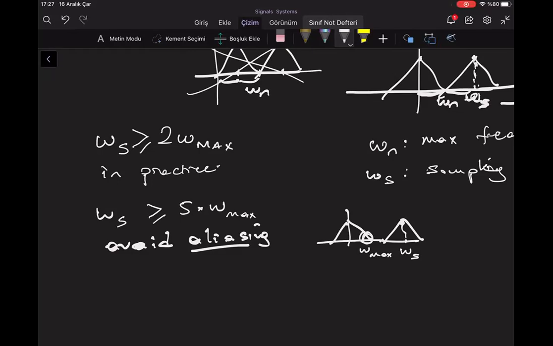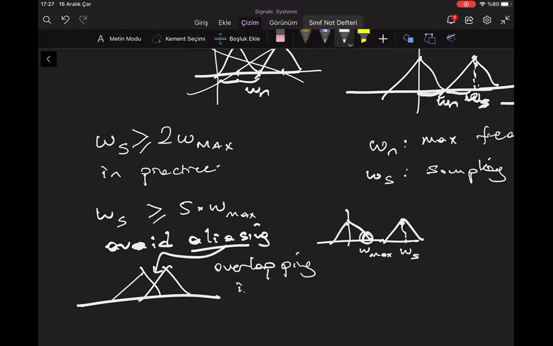Overlapping means aliasing. Aliasing means overlapping. So same thing. Okay? Overlapping in frequency domain means aliasing. Anlaşıldı mı gençler? Burası.